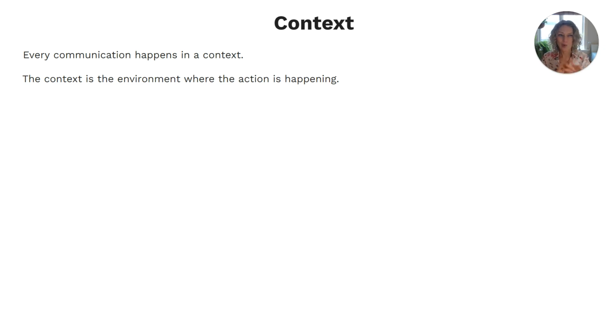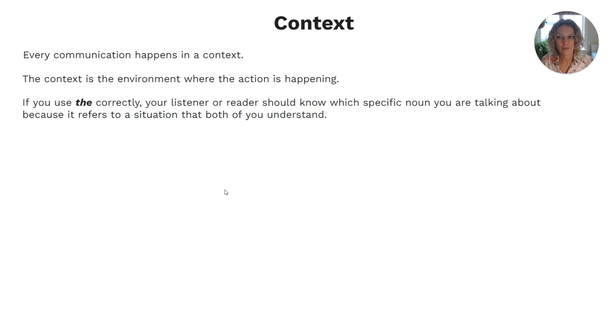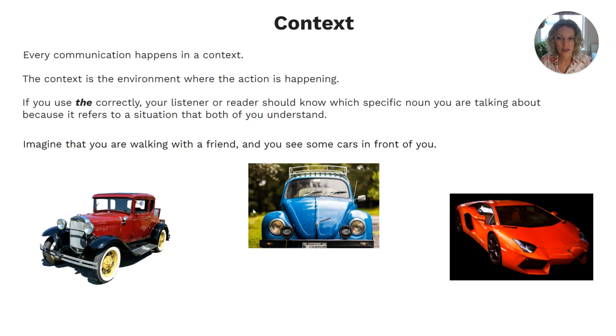So it doesn't matter what's going on, whatever the action is, it's happening in a specific place, in the school, at home, at the grocery store. That's the context, the place or environment where the action is happening. And if you use the correctly, your listener or reader should know which specific noun you're talking about, because it refers to a situation that both of you understand.